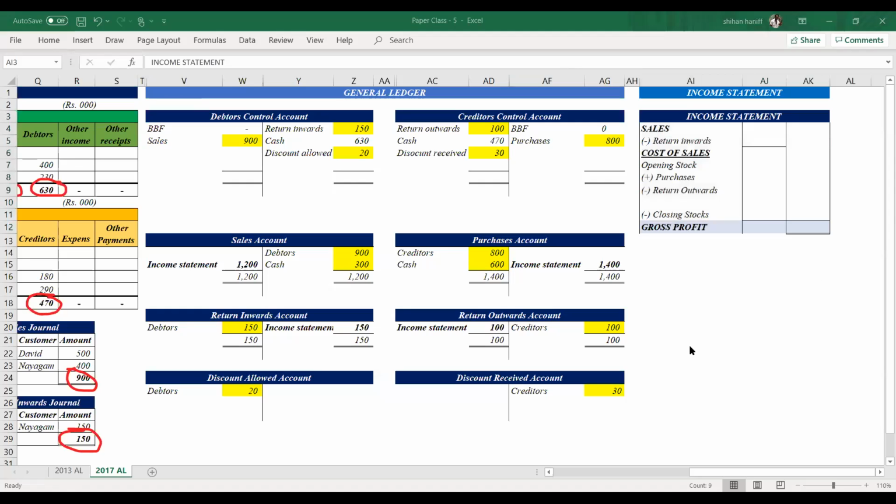No need to prepare the trial balance, because directly we can prepare the income statement. If they ask in the question to draw a trial balance, then we can prepare one. Otherwise, no need. If they ask for the income statement and statement of financial position, you can directly prepare the financial statements without preparing the trial balance.